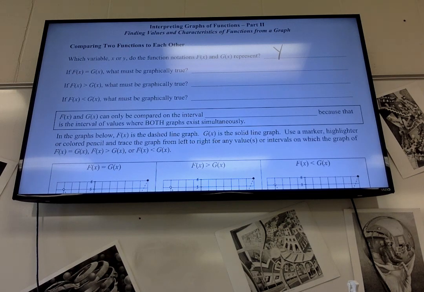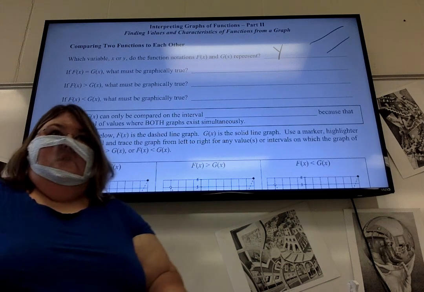So if I told you this graph equals another graph, say that again. It's a line. Well, it could be. F of x could be a line. G of x could be a line. How would I make them equal to each other? The slopes are the same, parallel, but I need their values, their y's, to be equal to each other.